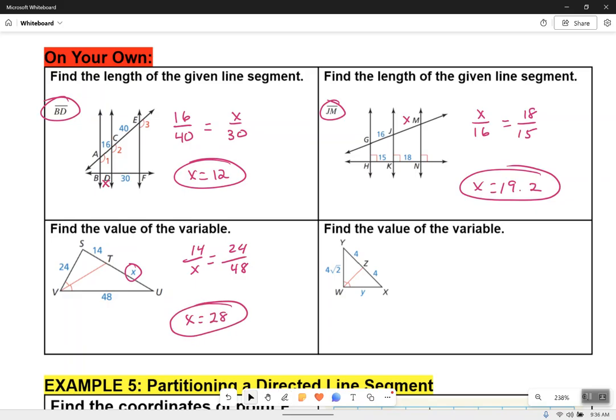Okay. Guys, this next one's a little trickier. They threw a funny distance at us, 4 root 2. Guys, would you agree that this is 4 over 4? Has to equal 4 root 2 over what? Y. Now, maybe you turned it to a decimal. I don't know. But kids, I have a question. If I have one thing over the same thing on the left, wouldn't that reduce to 1 on the left?